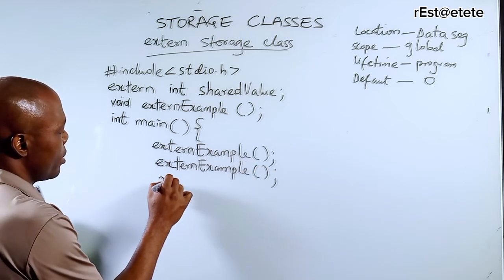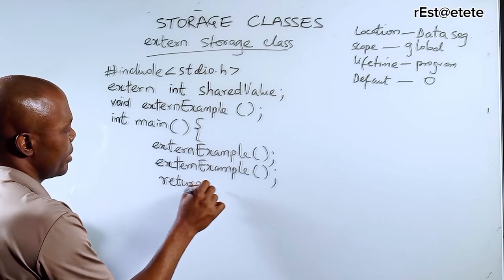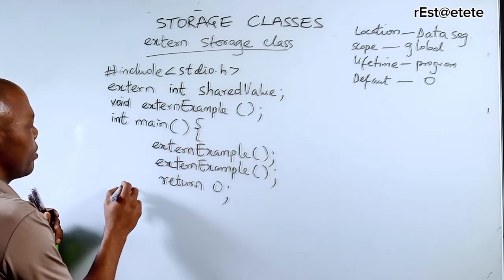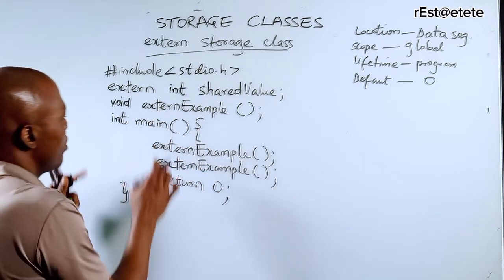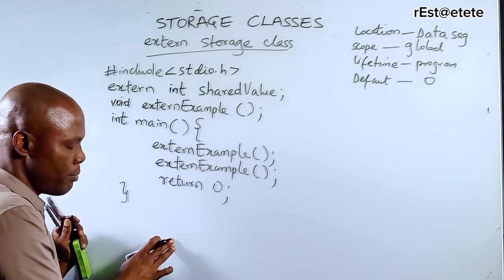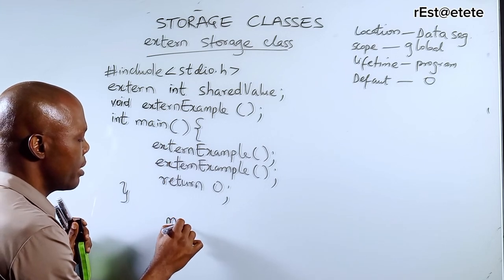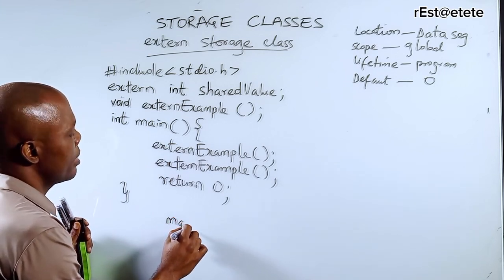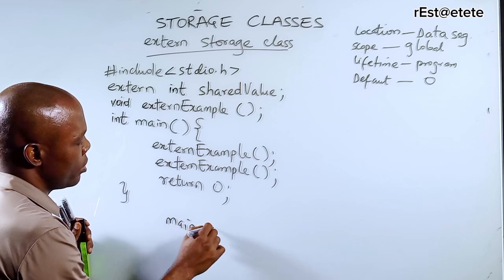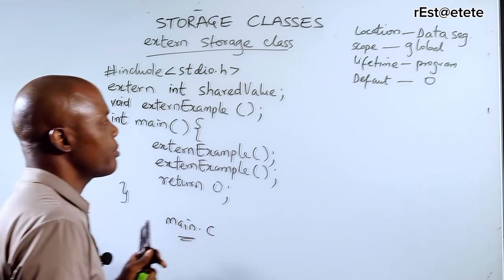And then I'll say return 0. So I'll close my main. So this is one file that I've created. I'm going to save this as maybe main.c.